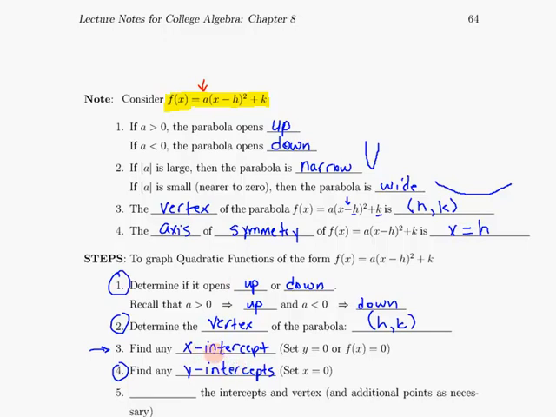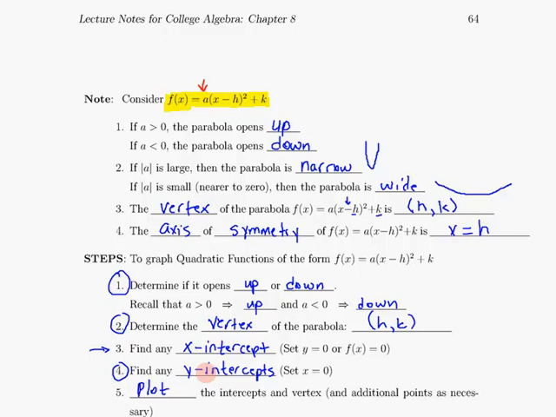Sometimes, however, if you don't have enough information there, for example, if the vertex and the y-intercept are the same point, or the vertex is on the y-axis, you may need extra points to make sure that you can see what the parabola looks like. You'll be able to determine whether or not you have enough information when we get some examples. Then you plot all those intercepts and the vertex and any additional points that may be necessary to determine the shape of the parabola.